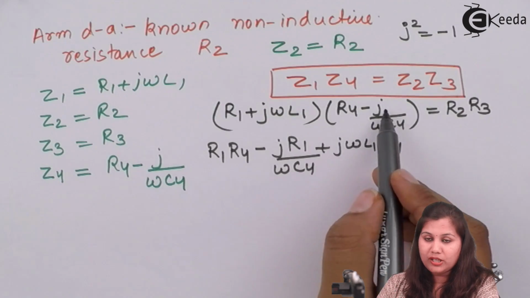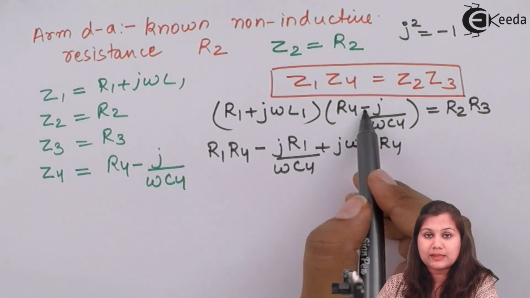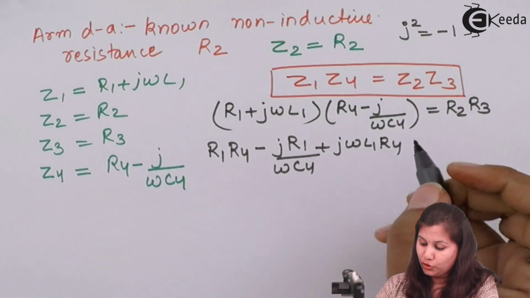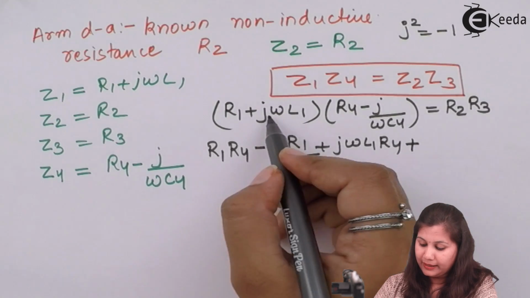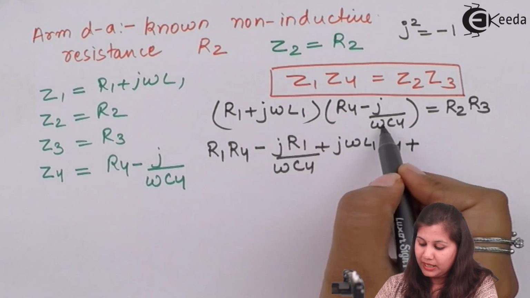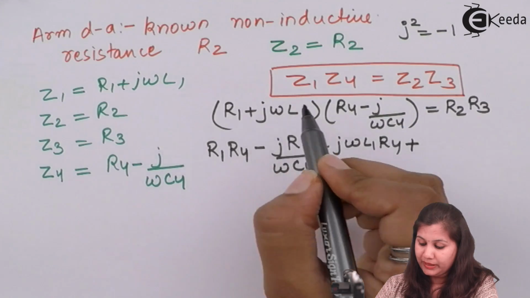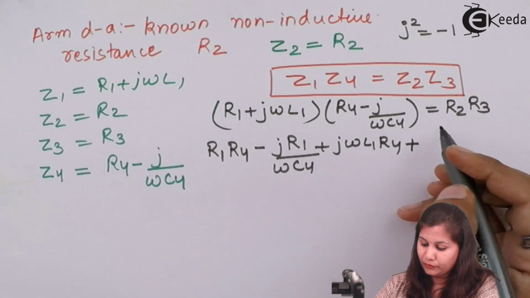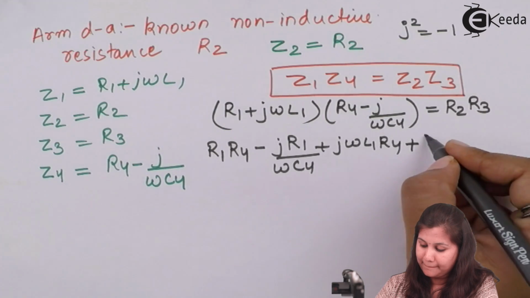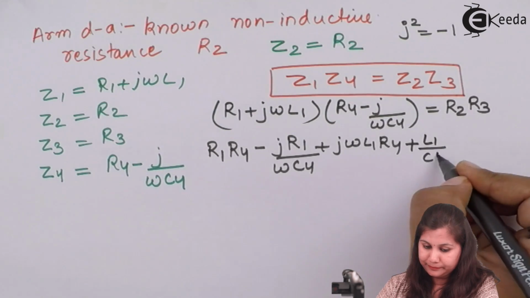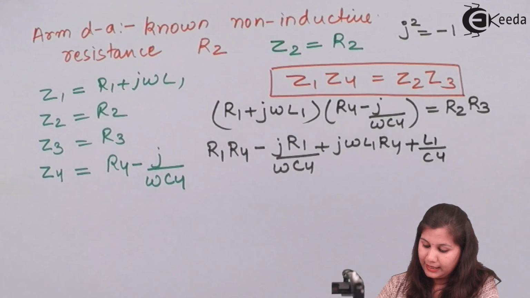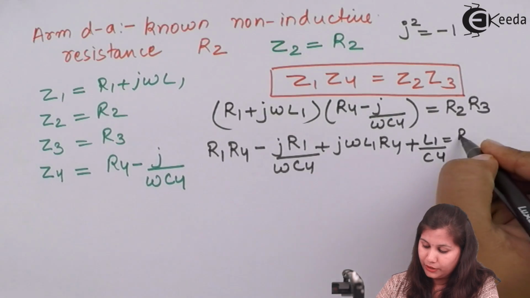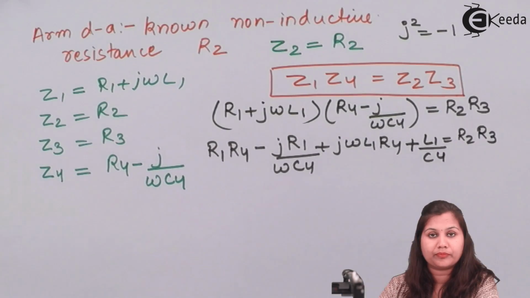So j square is minus 1, and this minus it will become plus. So we will have plus sign, and omega L1, omega and omega they will be cancelled, L1 upon this is C4. And this will be equal to R2 R3.